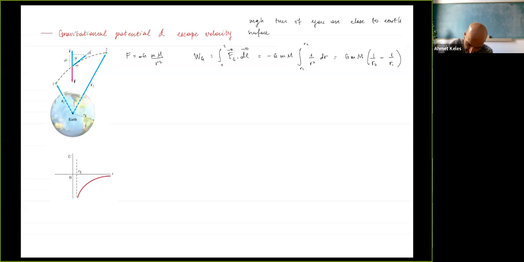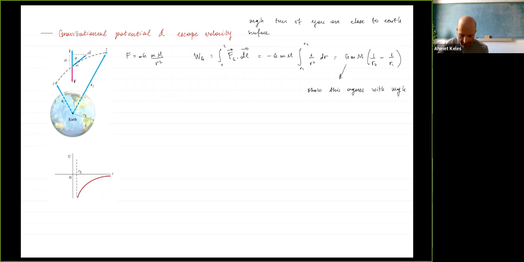And here, okay, here's your task. You need to show that this agrees with mgh.